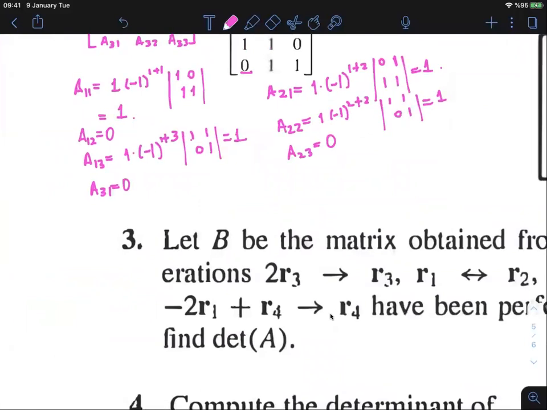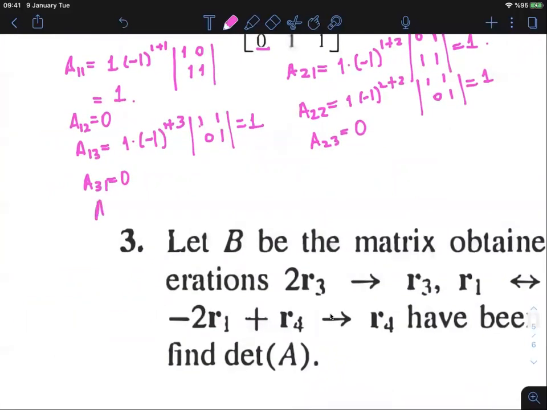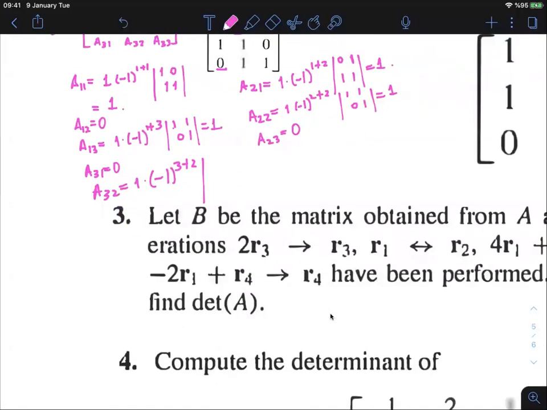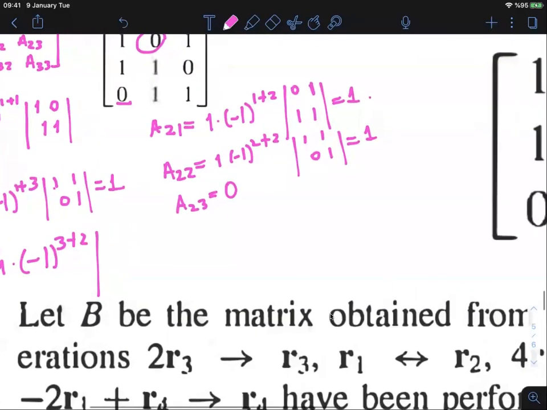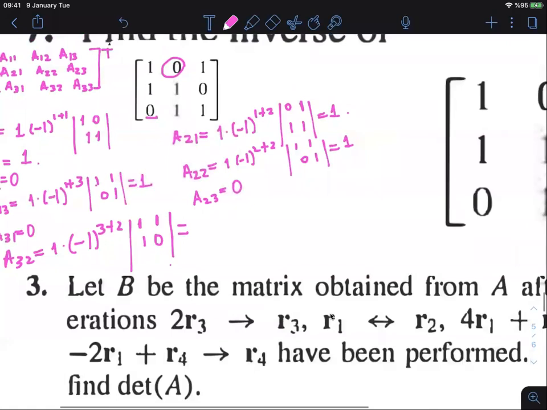And A32 is 1 times minus 1 to the power 3 plus 2, which becomes 1, 1, 1, 0, which gives us what? 1, right?